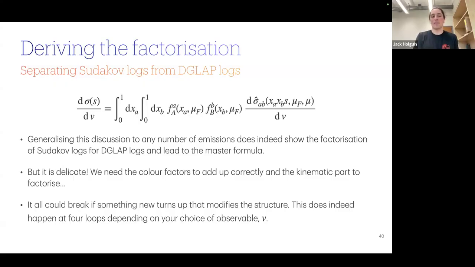And it would break if some new structure turns up that modifies either the summing of the color charges or the kinematic factor that enters in front. And in fact, that is going to be the main topic of my talk next week: both the kinematic factor and the summing of the color charges break when you do a calculation at fourth order, so four loops, because there is a new structure that emerges for some observables.